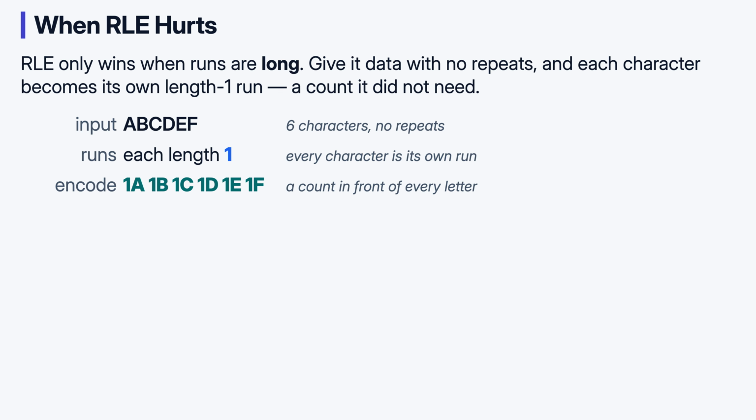Encoding puts a count of 1 in front of every single letter, giving 1A, 1B, 1C, 1D, 1E, 1F. That is 12 characters from an original 6. The data doubled. So run-length encoding is not a general shrinker. It helps on long runs like solid regions of an image, and it hurts on data that does not repeat. Being honest about that limit is the point.